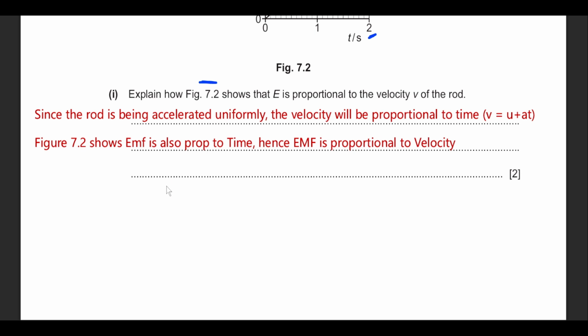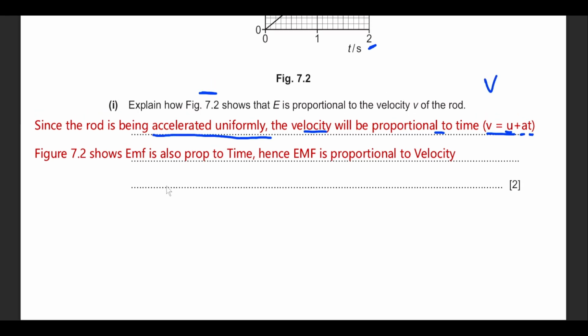The first one is, since the rod is being accelerated uniformly, the velocity will be proportional to the time. So even if you consider that the initial velocity is 0 or has some value, as it is a uniformly accelerated motion, as time passes, the velocity increases. Since the acceleration is constant, we can say that the velocity is proportional to time.